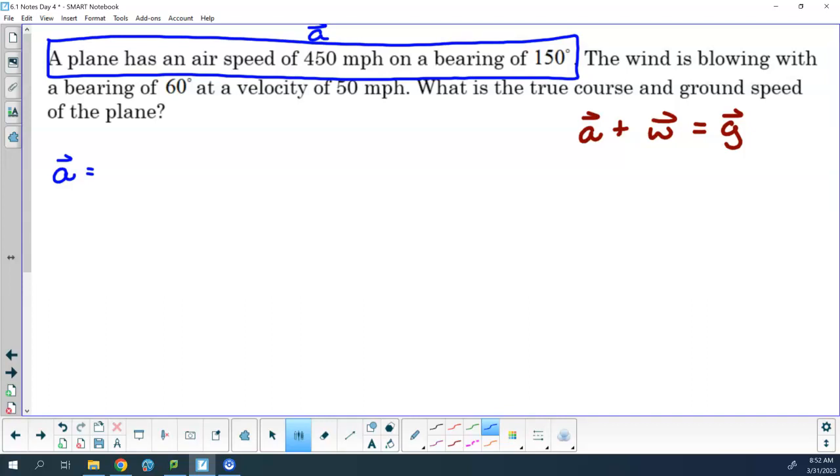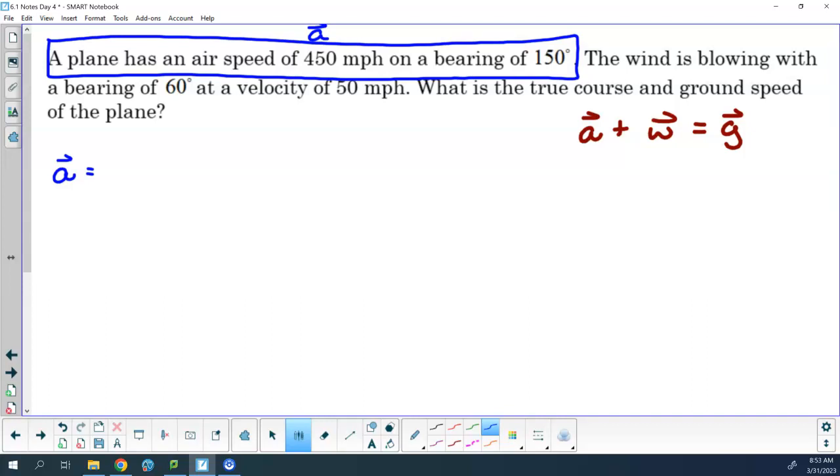In component form, our vector was magnitude times the cosine of the direction angle, comma, magnitude times the sine of the direction angle.